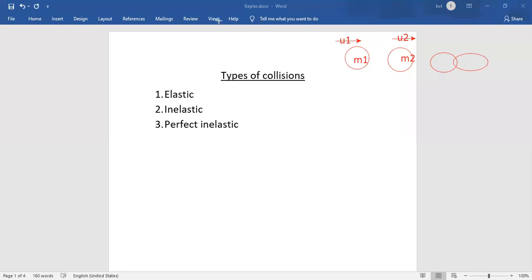During this collision, they apply force. This is the force applied by the first object, and this is the force applied by the second object. After that, they move with different velocities.